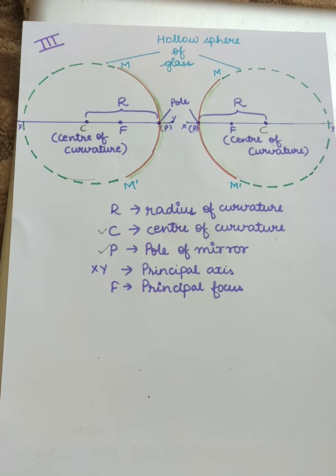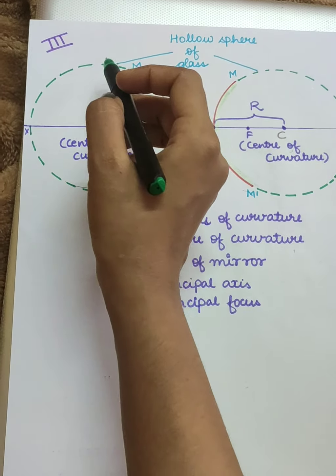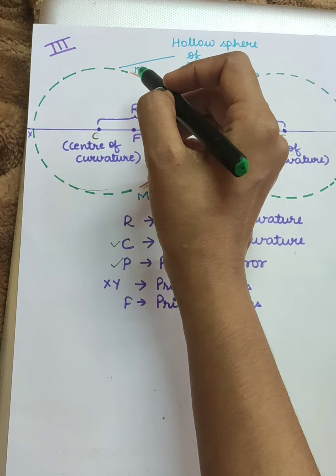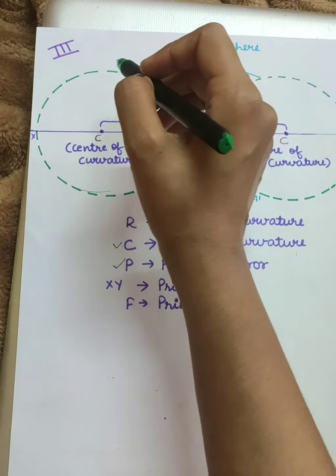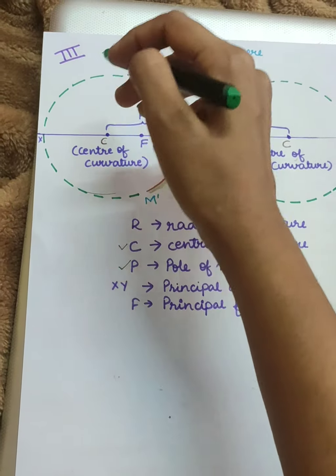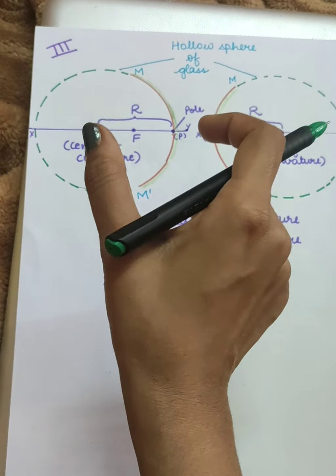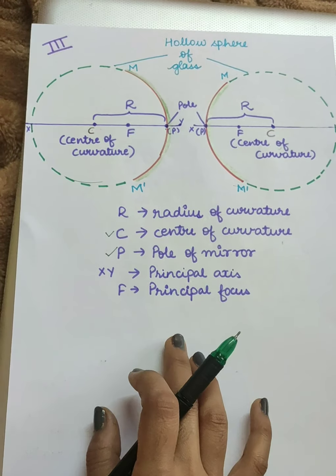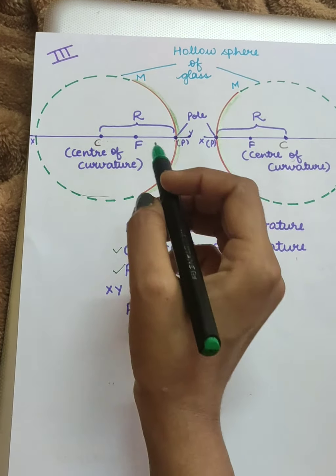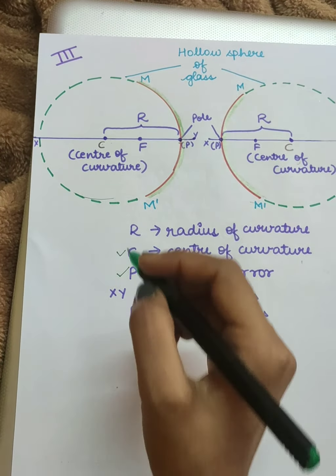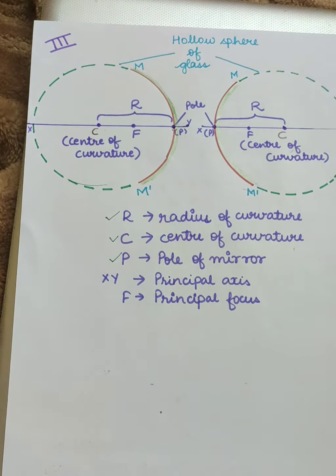I again repeat the definition. The sphere of which this mirror forms a part has a radius, and that radius would be equal to the radius of this mirror as well. It is represented by capital R. So we are completed with the third term as well.